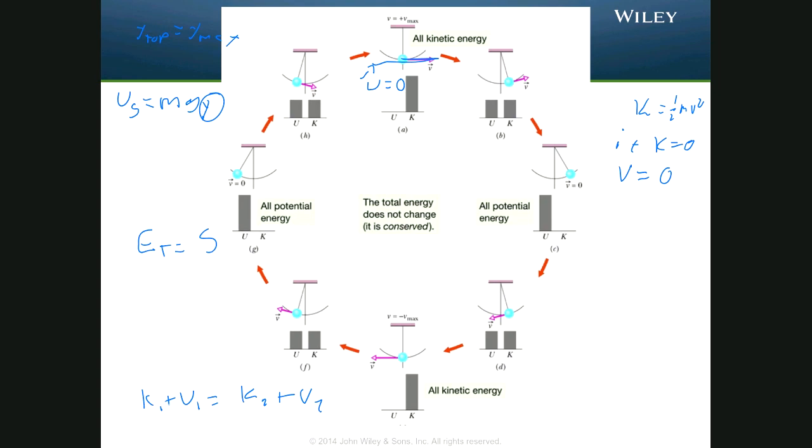The kinetic energy is 0. If you look here, where I just circled, v is equal to 0, and there's no kinetic energy, right? All of the energy is potential. Does that clarify some things?